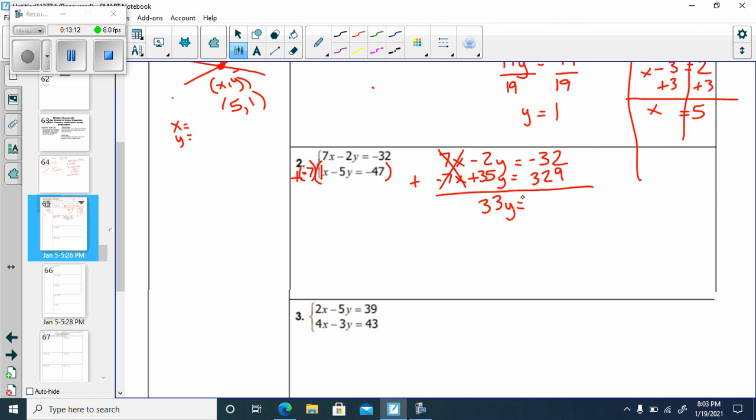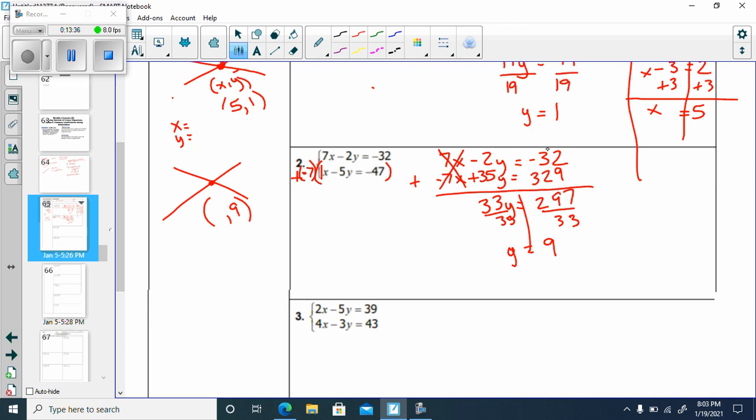Okay. Now, to solve for y, I need to divide both sides by 33. And I get that y is equal to 9. Big numbers, but I came out with a pretty simple coordinate. My y value is 9.